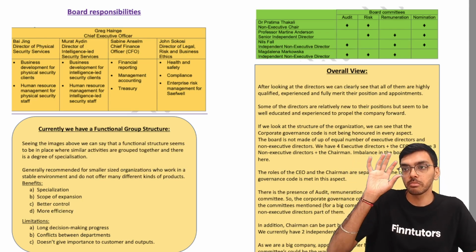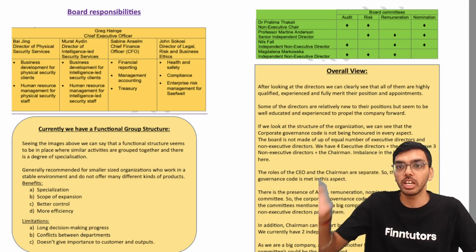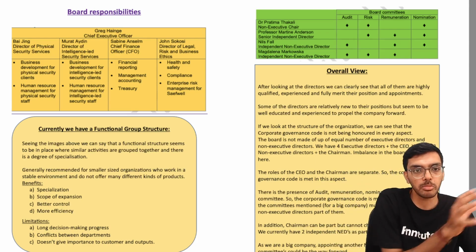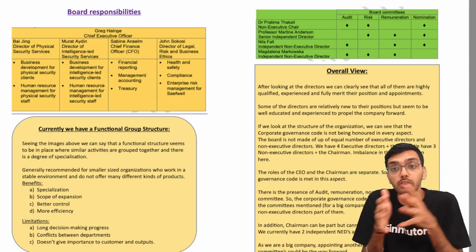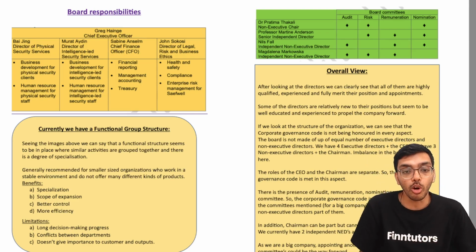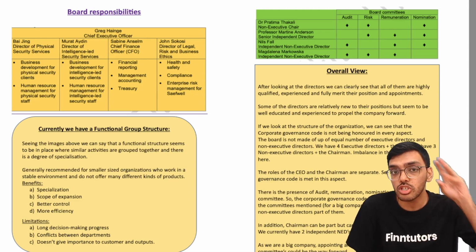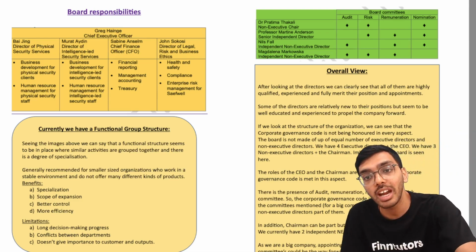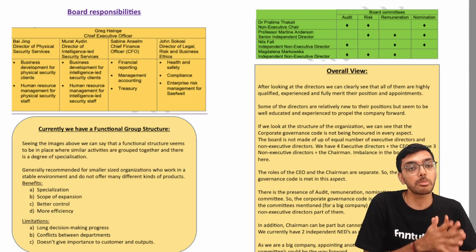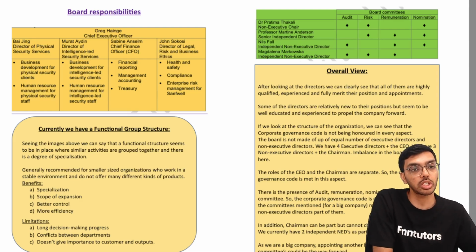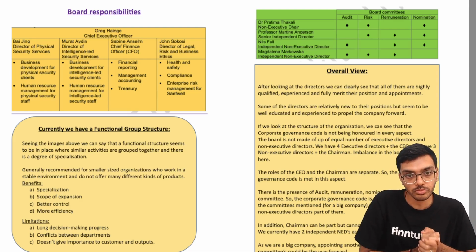For example, Europe is one division, Asia one division, Southeast Asia another division, North America another division. So a divisional based structure could be the next step forward for our company. I just want you to have the knowledge of a divisional based structure and a matrix structure from your syllabus areas. But right now we have a functional structure in place.